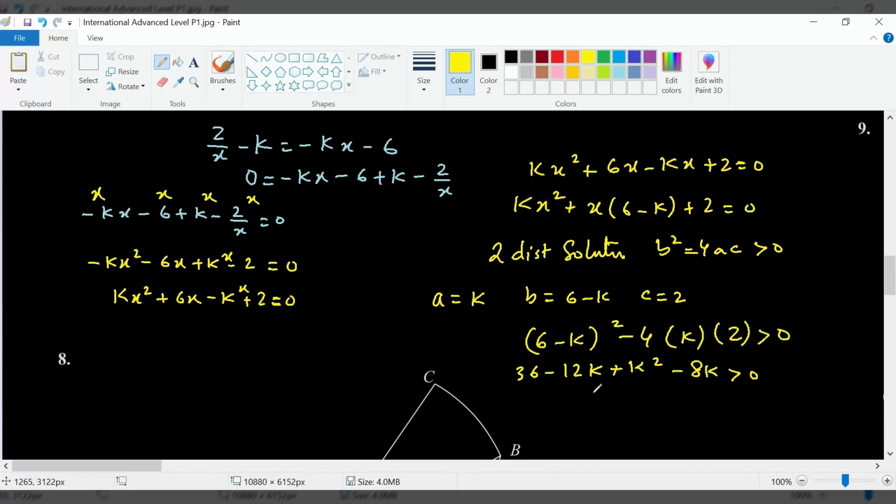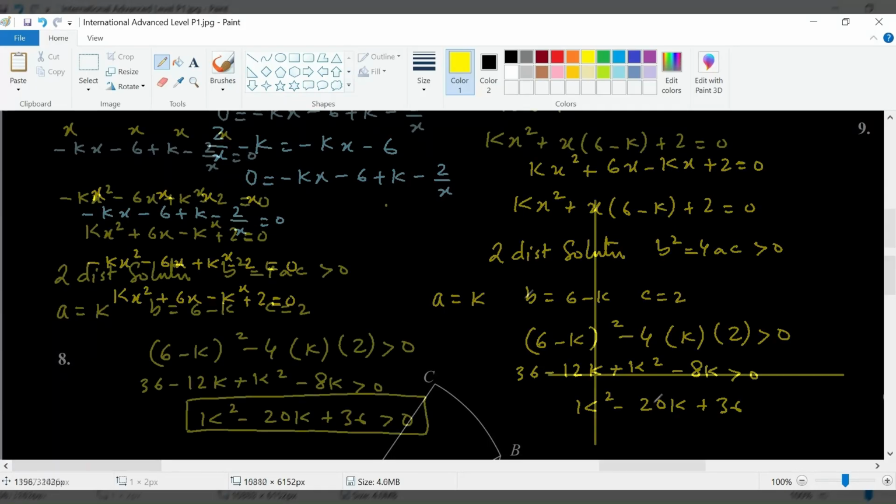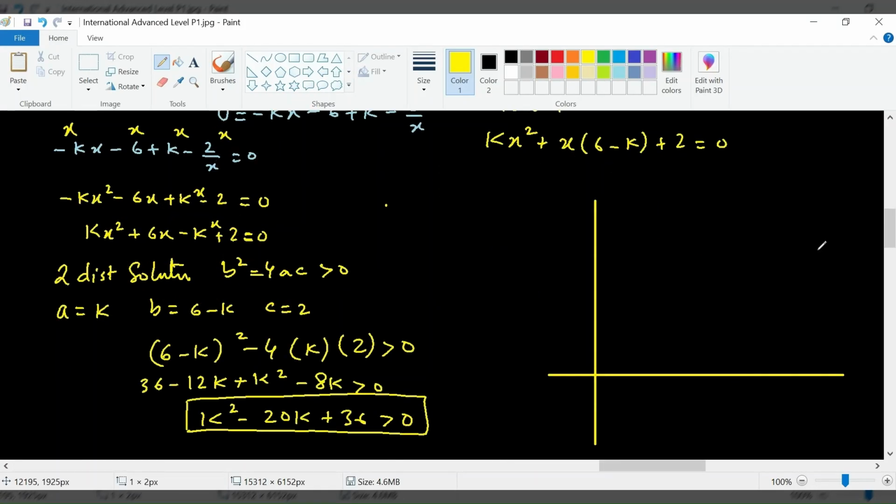Now in here, what I can do is, there is a k squared minus 20k and plus 36.